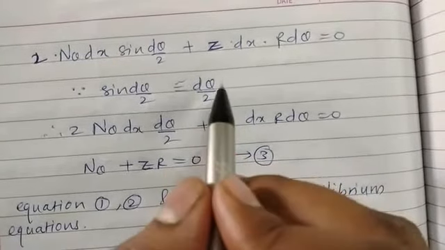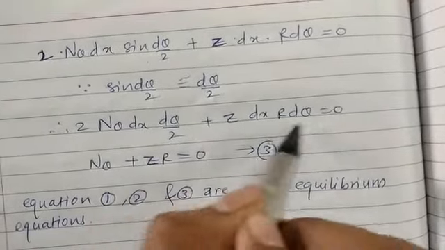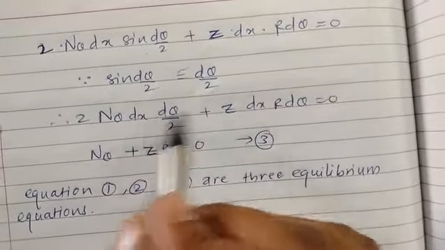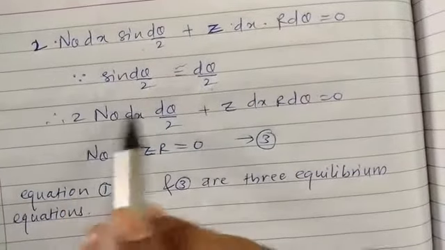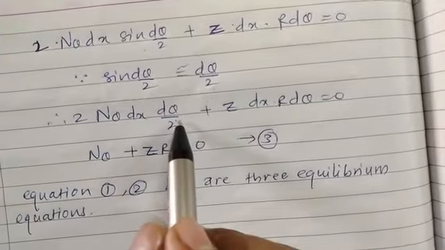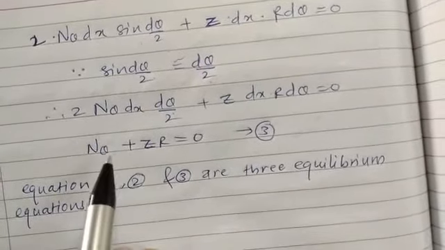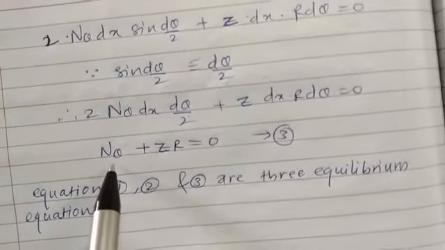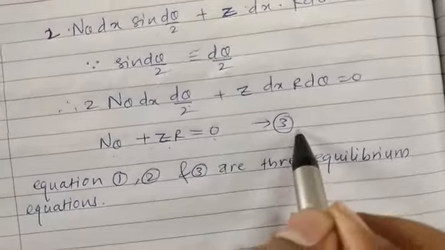So we have directly replaced sine d theta by 2 with d theta by 2. I have written that equation here. Dx d theta is common and will get cancelled. The 2 is also in numerator and denominator, so it will get cancelled. All other remaining terms are written here. So n theta plus zr will be equal to 0. This is our third equation.